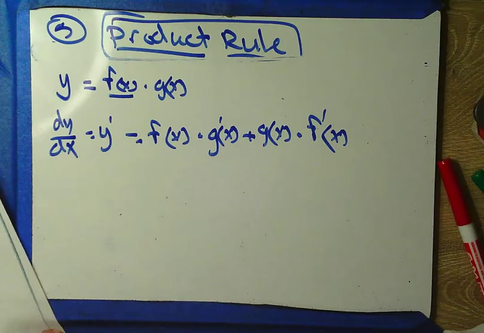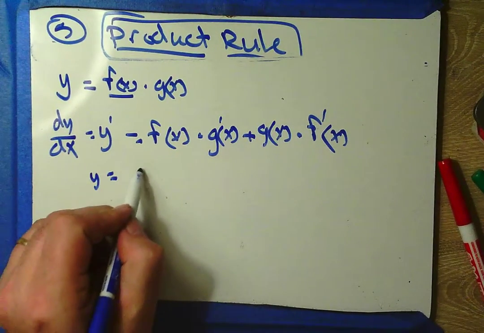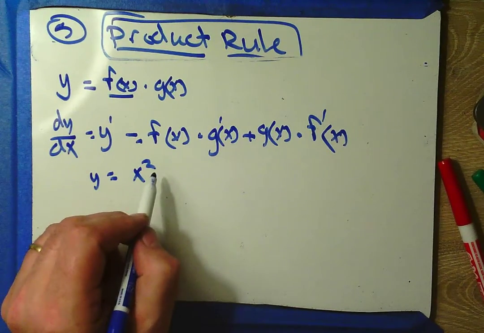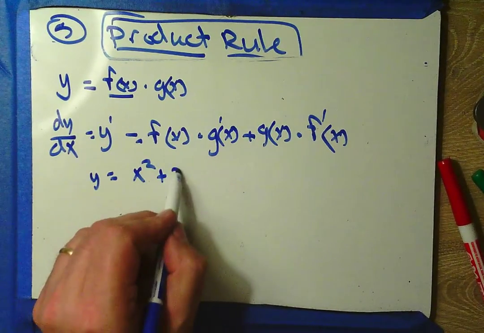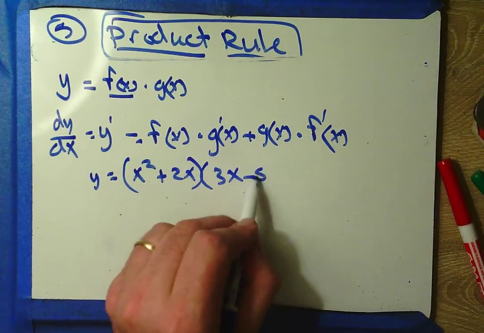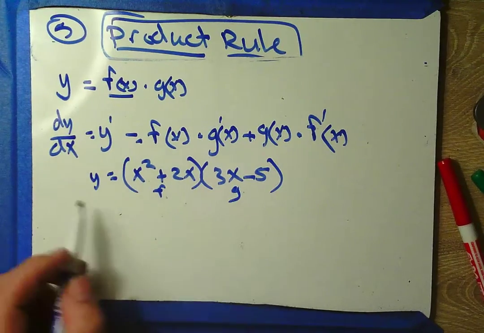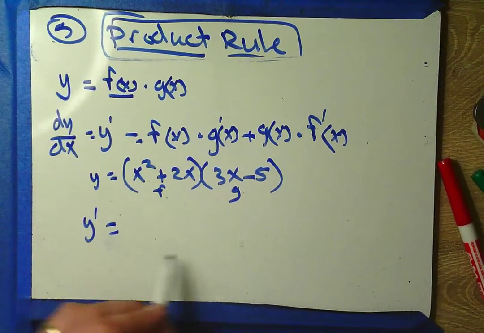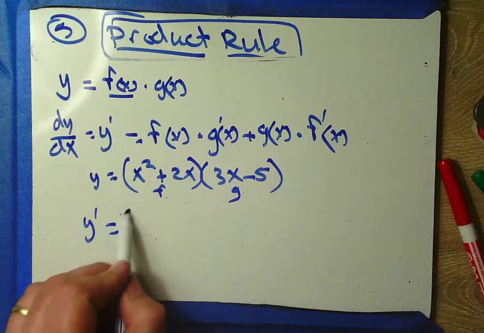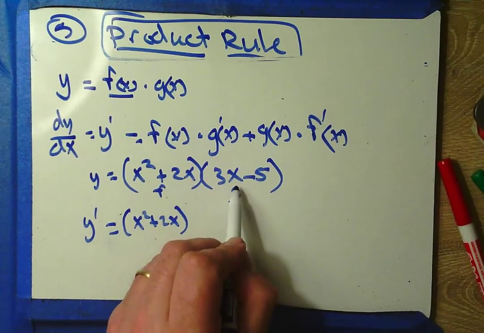So what does that look like when I use it? Well, let's see. If I have y equals x squared plus 2x times 3x minus 5, there's my f, there's my g. Y prime is going to be this, x squared plus 2x times the derivative of this.